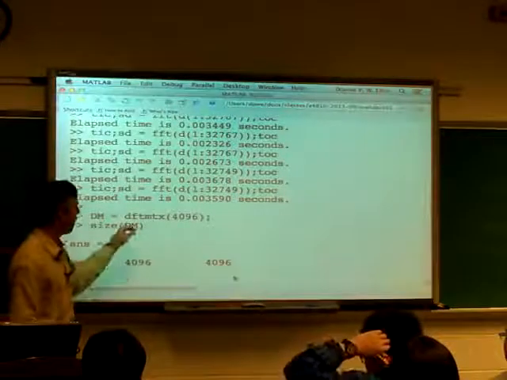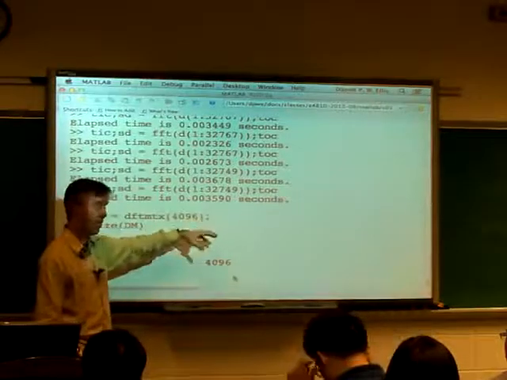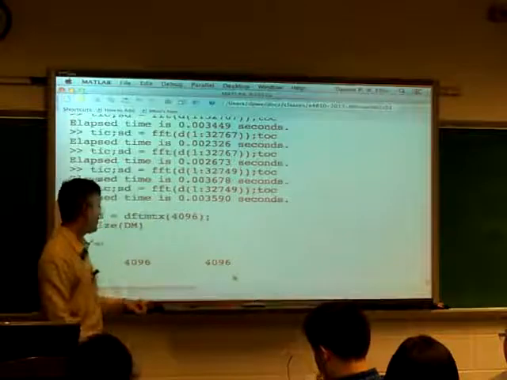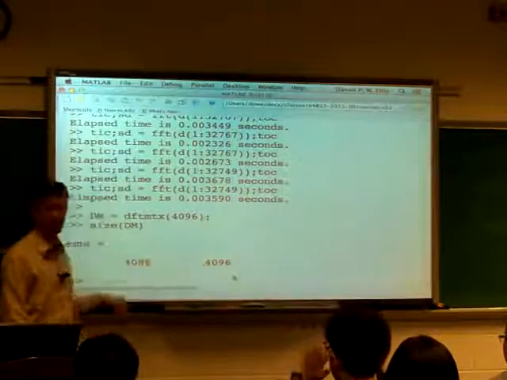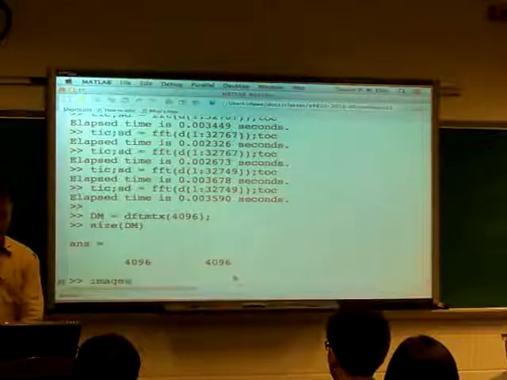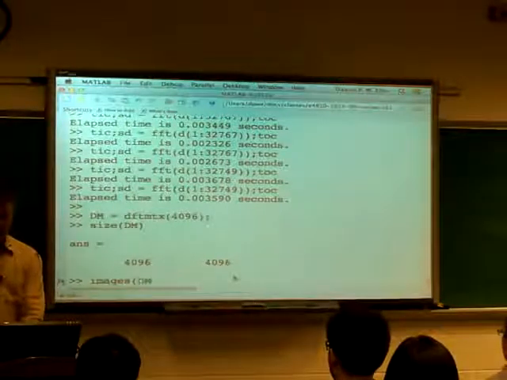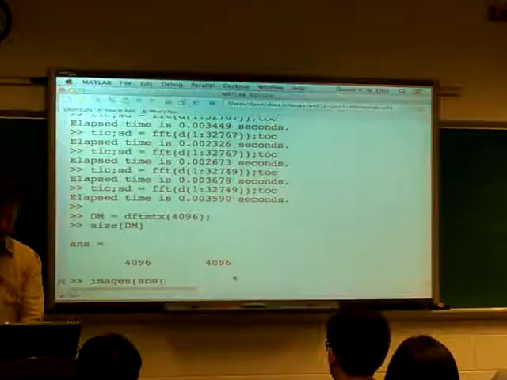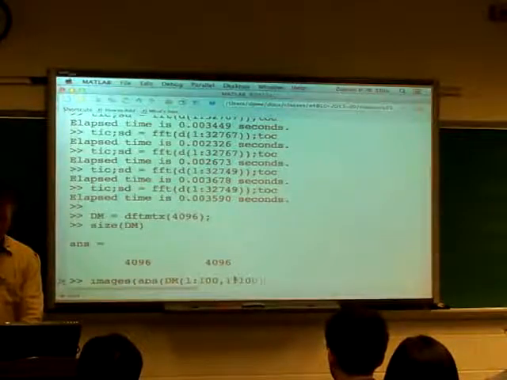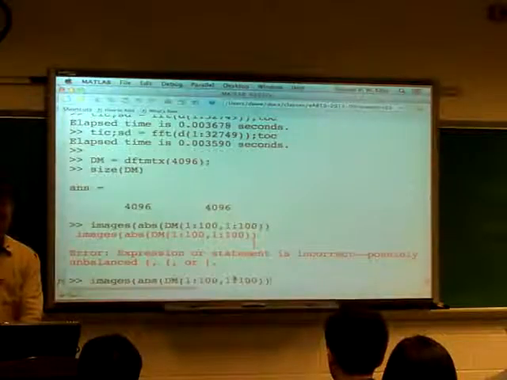So this is for a 4096 point DFT, which means we get 4096 frequency values for 4096 input values. Then here's our n by n matrix. If we look at some sub-range of that matrix, it's a complex matrix, so we look at the abs of dm, the top 100 squared points here.